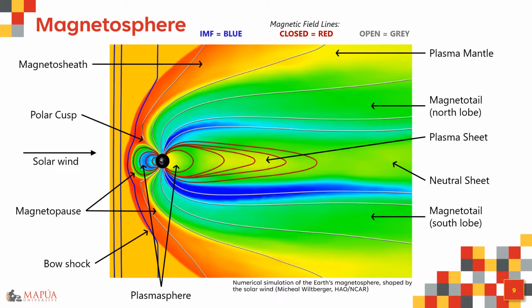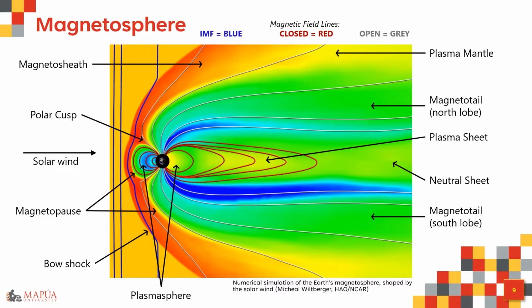So you have your magnetosheath, polar cusps, magnetopause, the bow shock, the plasma sheets, neutral sheets, the magnetotail lobes, and your plasma mantle. These different regions are basically defined by their plasma temperature and their plasma density.